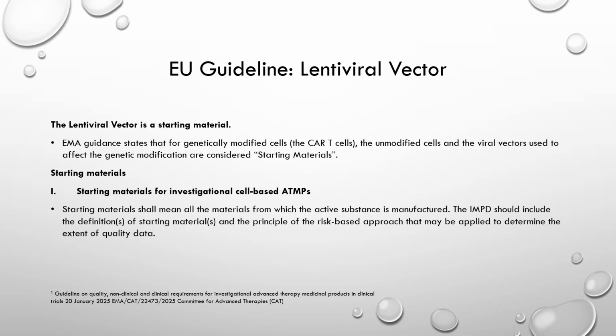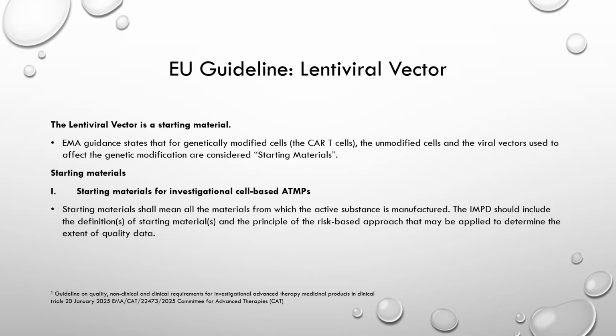It says that the starting material shall mean all the materials from which the active substance is manufactured. So the active substance is the genetically modified cells. And the IMPD should include the definition of the starting materials and the principles of risk-based approach that may apply to determine the extent of quality data.